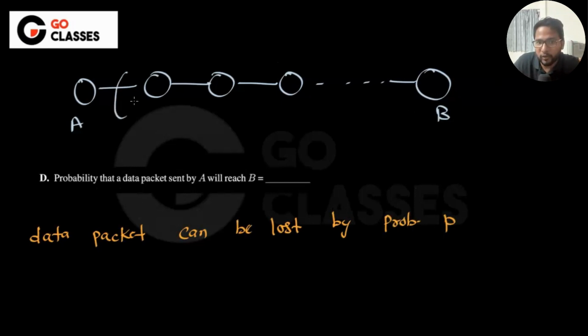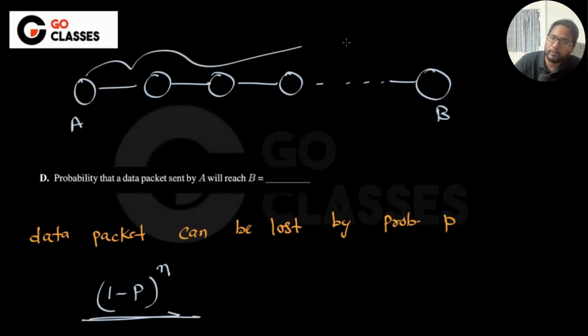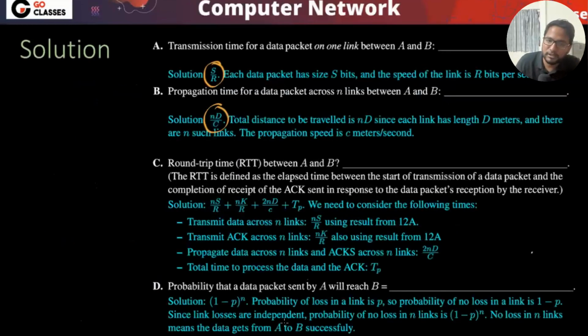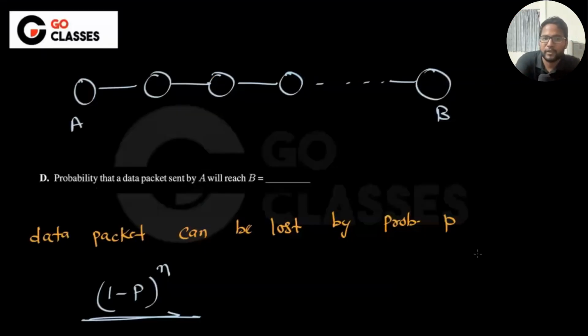You don't want it to get lost here, don't want it to get lost here, don't want it to get lost at any of the links. So this is not to get lost at this link and also at other links. So this is the probability the data packet will reach from A to B, right? Is this fine to everyone? Let's just see this answer. 1 minus P into 1 minus P power N.